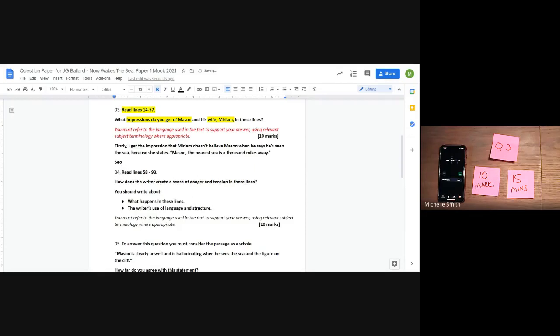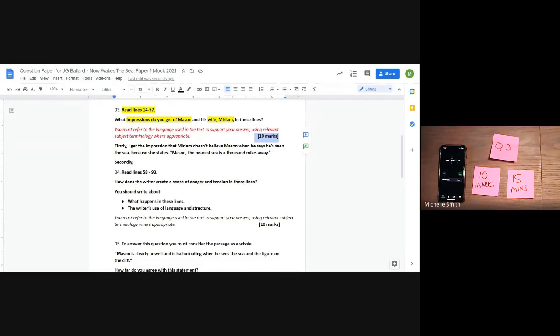Then for my next one, if I could spell today, I would start secondly, and I will go on to make my next point. Remember, because this is a 10-mark question, we want about 8 different points supported by 8 different quotes. If you can do more than that in 15 minutes, that's amazing. 8 is your target.